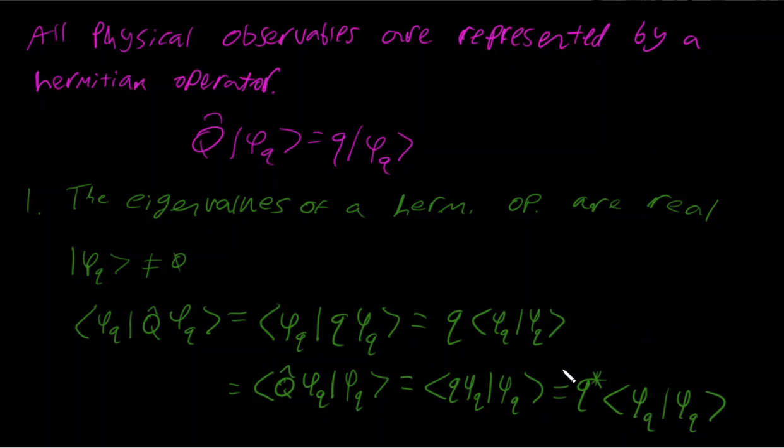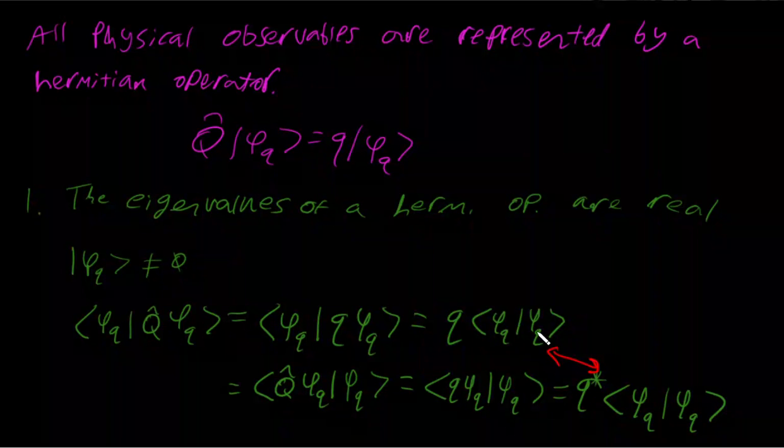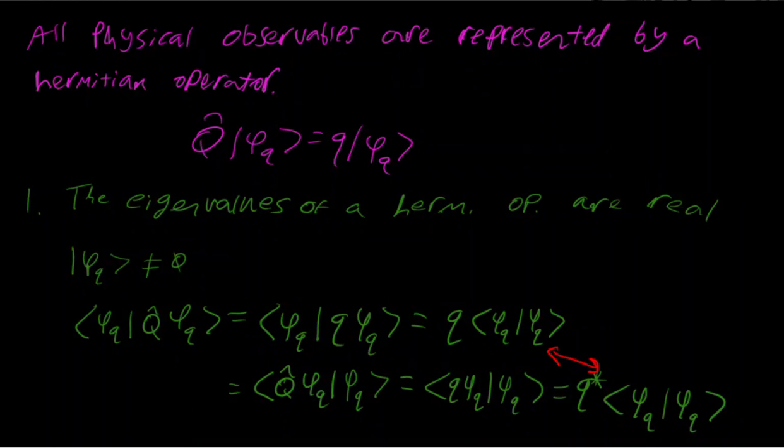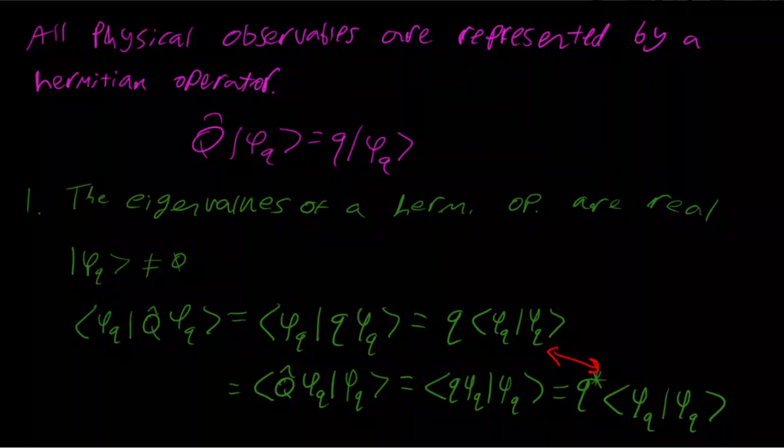So now we know that these two things are equal to each other. And as long as phi sub q is not equal to 0, this inner product is not going to be equal to 0, because it's the magnitude squared of phi sub q. Unless phi sub q is 0, which we're assuming it isn't, and otherwise this would be trivial.